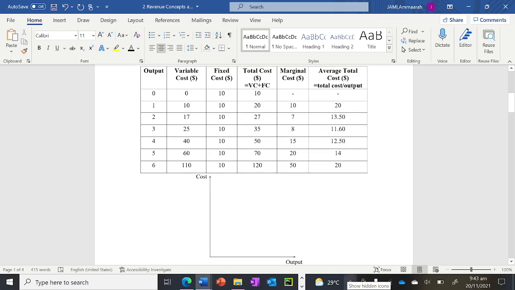I'm not going to do a graph to scale. I'm just going to do a rough graph. 2, 3, 4, 1 minute.